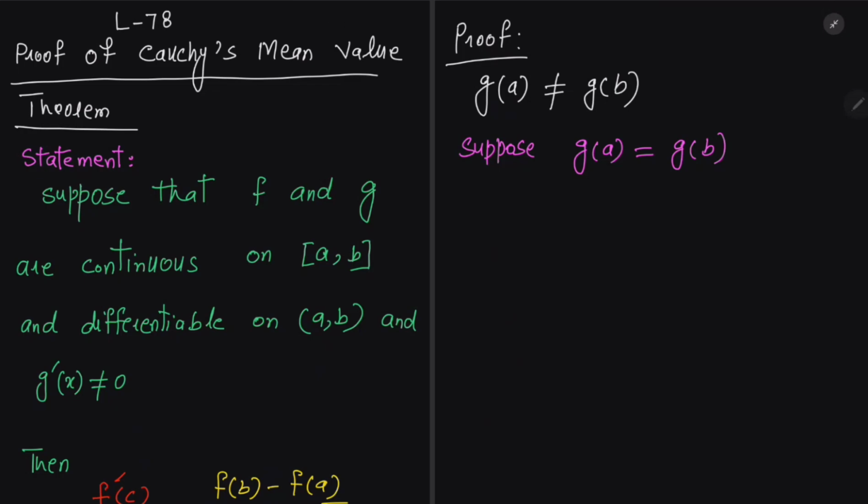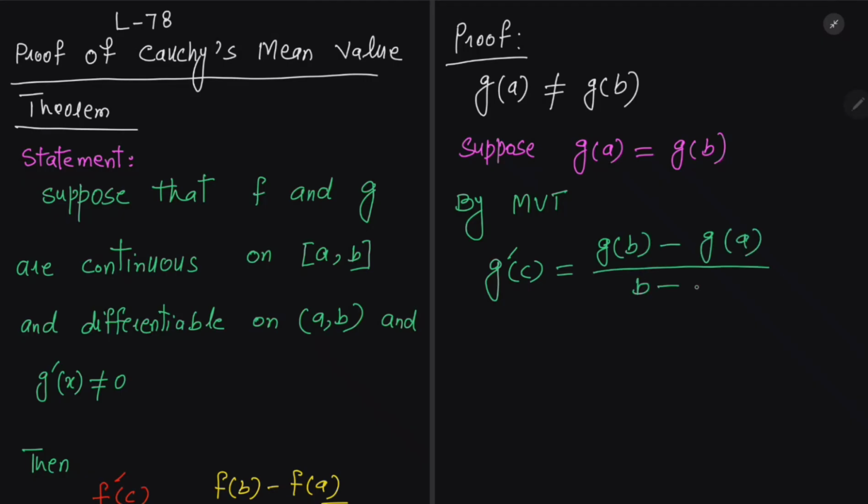Then by the ordinary mean value theorem, for the function g, we have g'(c) is equal to (g(b) minus g(a)) divided by (b minus a). This is the mean value theorem that we already discussed in our previous video.